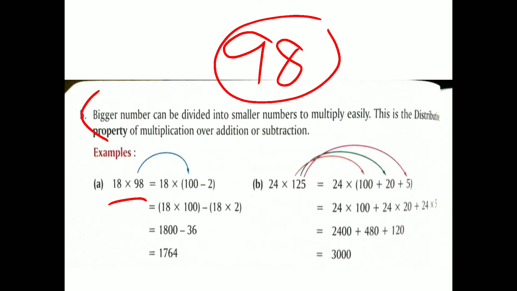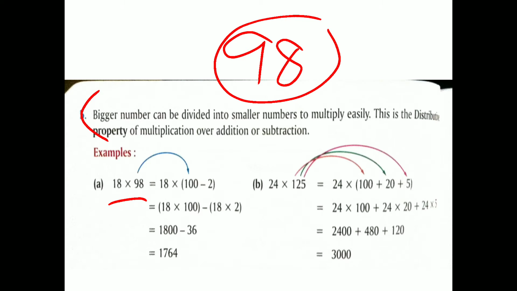Or you can do one thing, you can separate the number according to the expanded form also. But remember one thing, we always try to multiply the number with 100, 300, like this, means numbers which have 00 at the end. Clear? So here I firstly make 98 as 100 minus 2 and put it in a bracket.